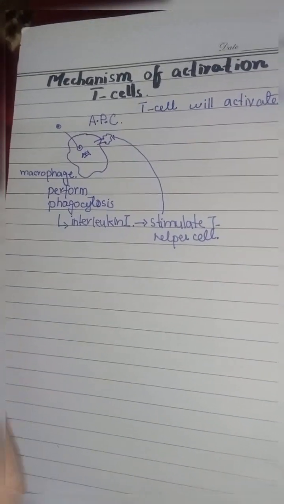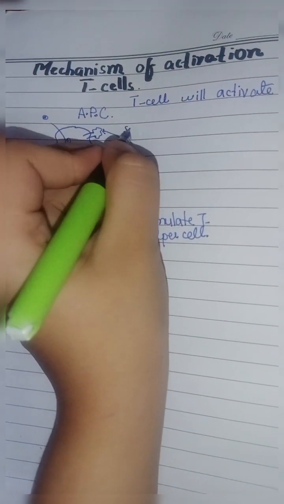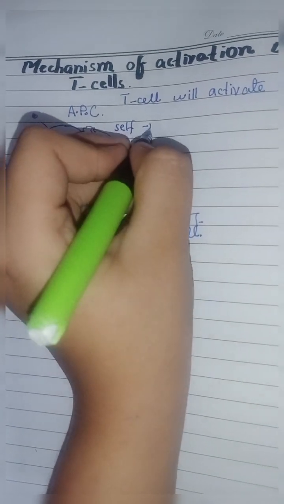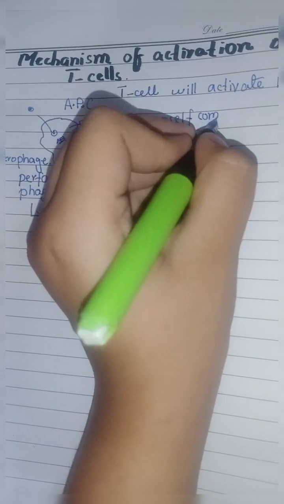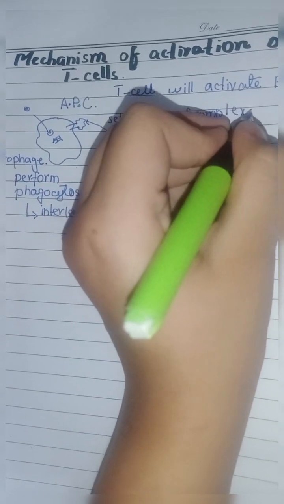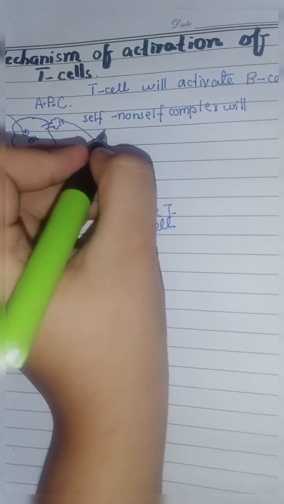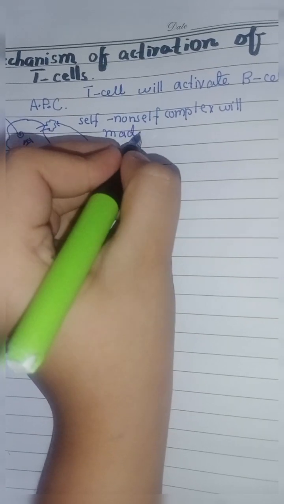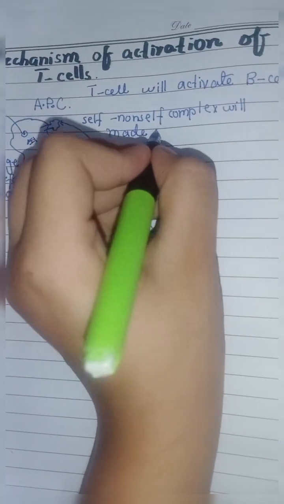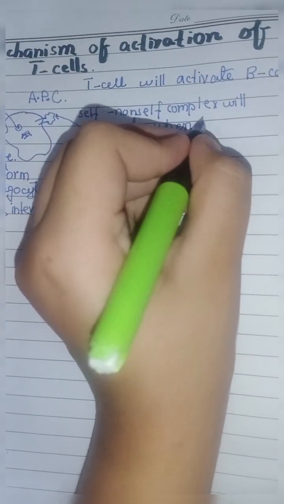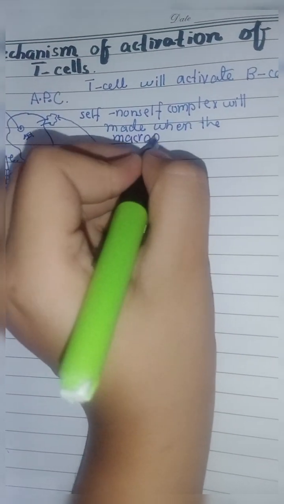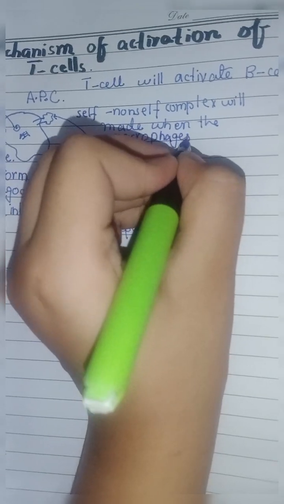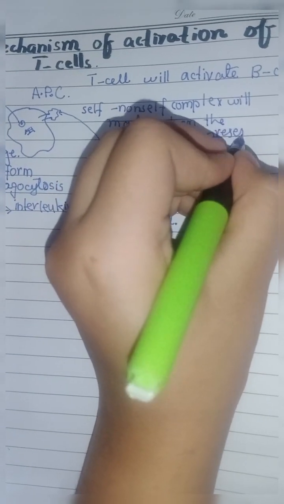Okay, so here we have the self, non-self complex, which will be made when the macrophages present the antigen.